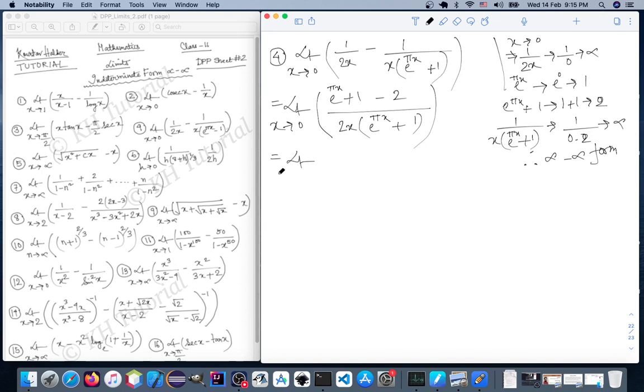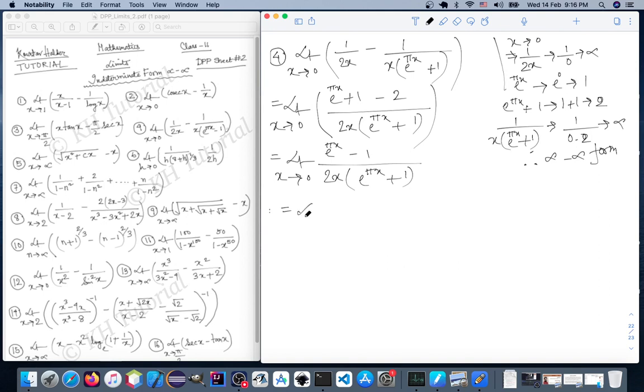This becomes limit x tends to 0 of e to the power pi x minus 1 over twice x. If we have the standard result, e to the power x minus 1 by x when limit x tends to 0 is 1. So we can see e to the power pi x minus 1, but in the denominator we have x, so we need the pi.